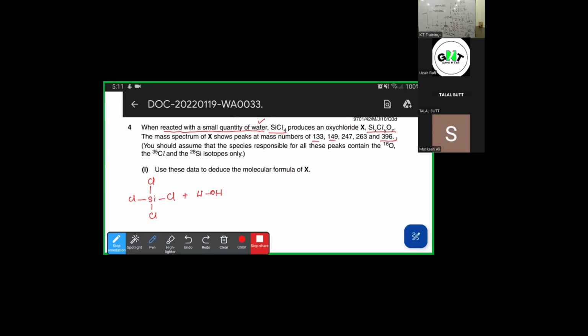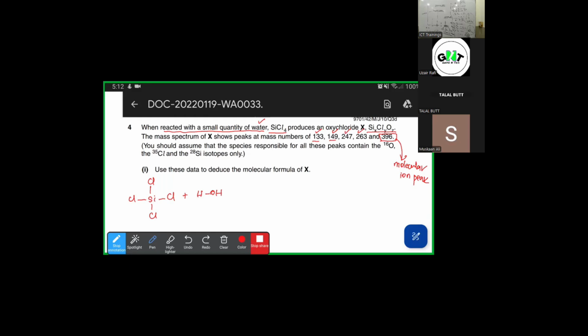The last peak is the molecular ion peak. The molecular ion peak is only one. He had not given you more molecular ion peaks. Now these are the fragments. Using these fragments, we can find out the structure and the molecular formula of this compound.